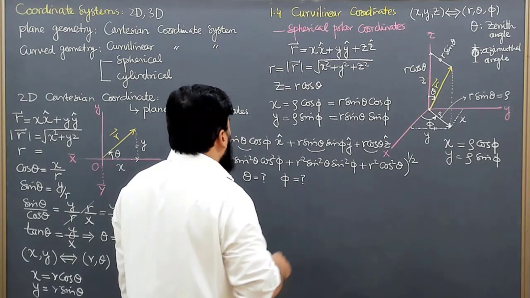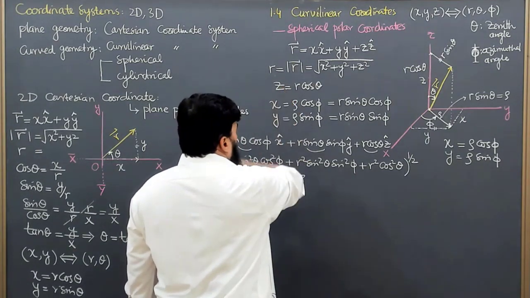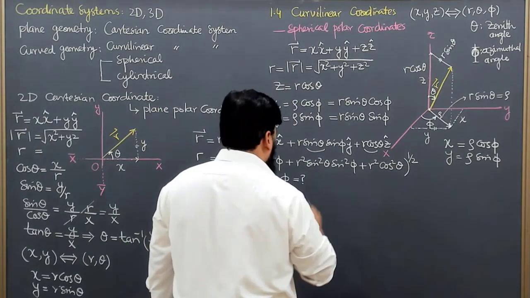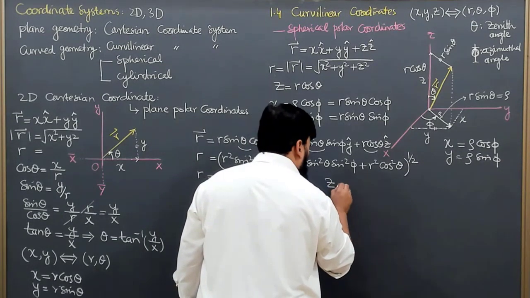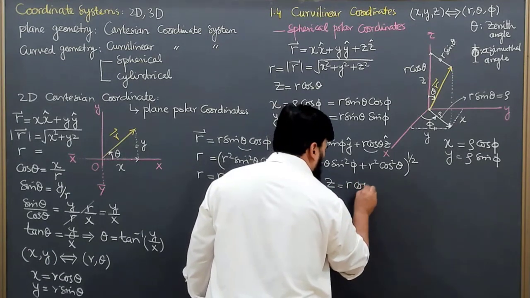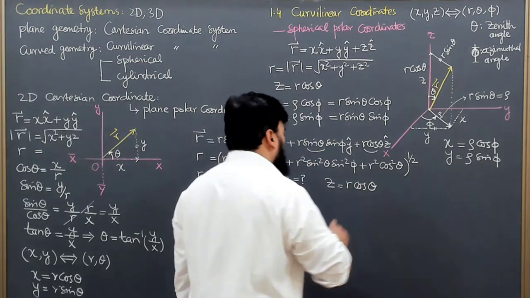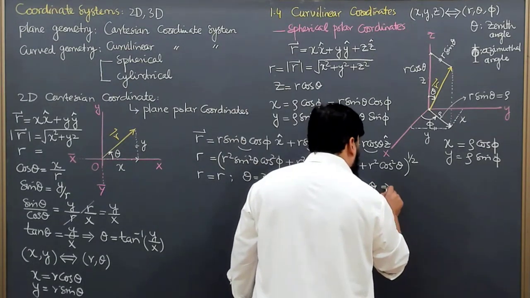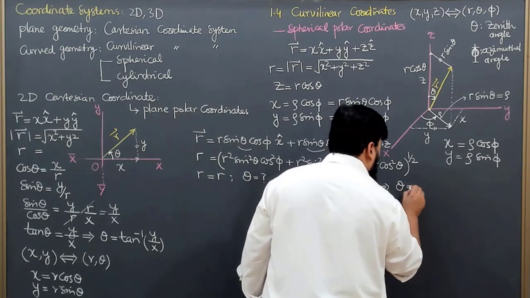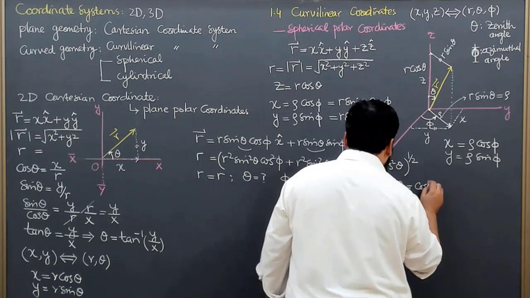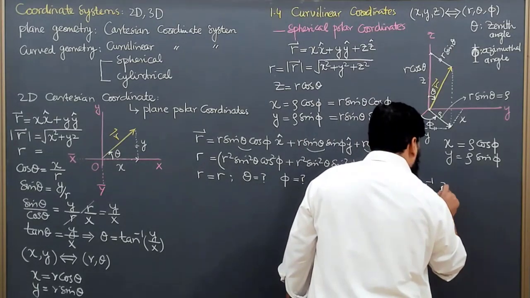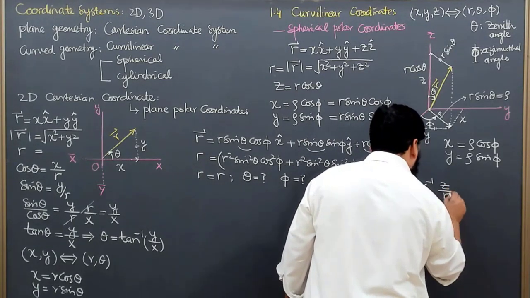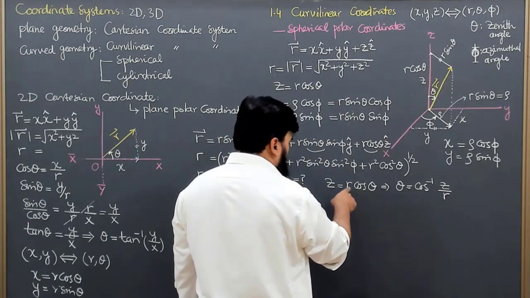So let's come here. As we know that z is equal to r cos theta, I can write from here that theta is equal to cos inverse of z over r.